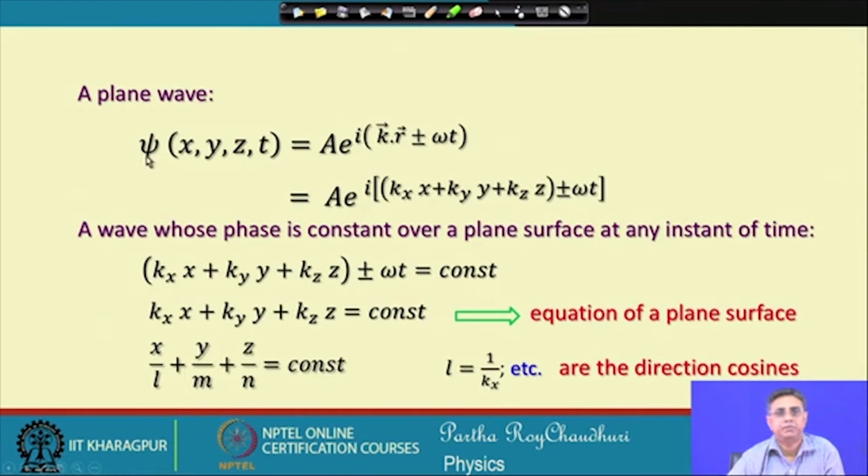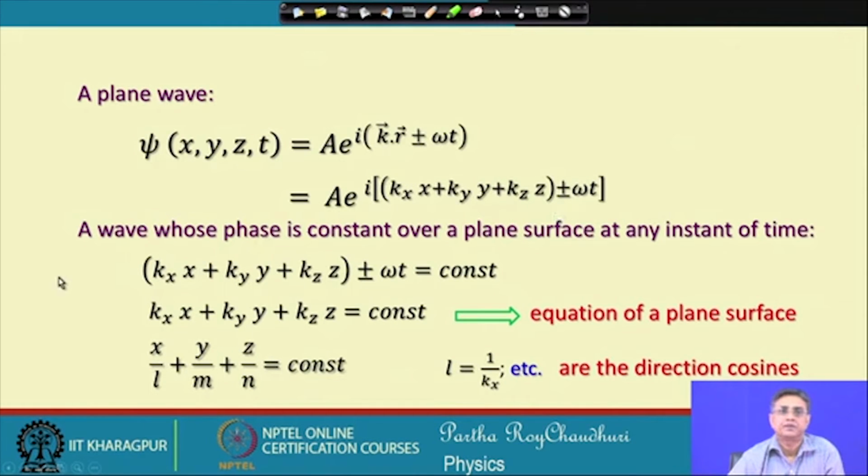Now, a plane wave is usually written in this form, and this is the compact form using this r. If you decompose this, k dot r as k x x plus k y y plus k z z, then this quantity represents the phase of the electromagnetic wave.